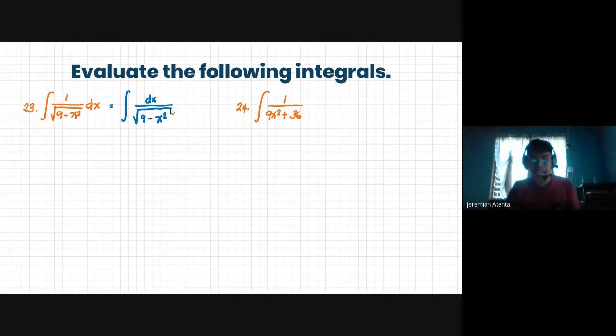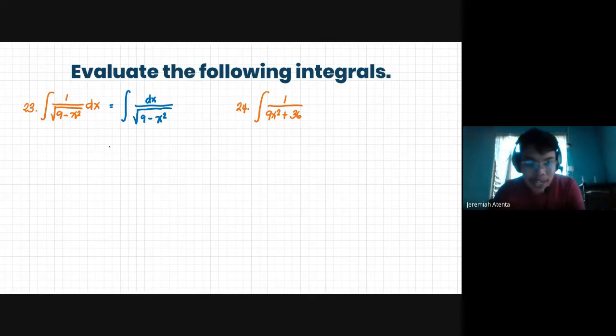The first one is for sine inverse, the second is for tangent inverse, and the third is for secant inverse. So we have the first. This is for sine inverse. And take note, for sine inverse, we should have dx over the square root of a squared minus x squared. In this case, you should identify which is a and which is u or x.